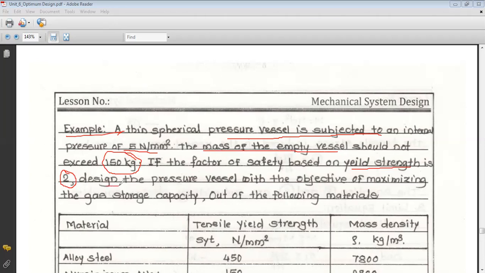So design a pressure vessel with the objective, that is the objective of this optimum design, of maximizing the gas storage capacity, or we can say we have to maximize the volume storage capacity of the pressure vessel out of the following materials. So these materials are given.